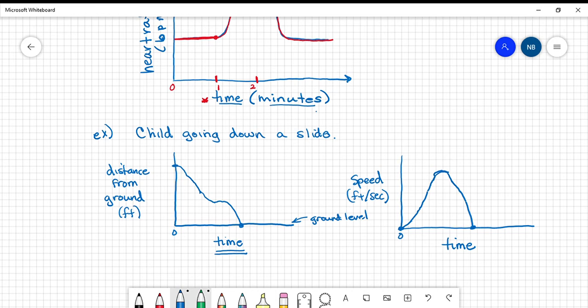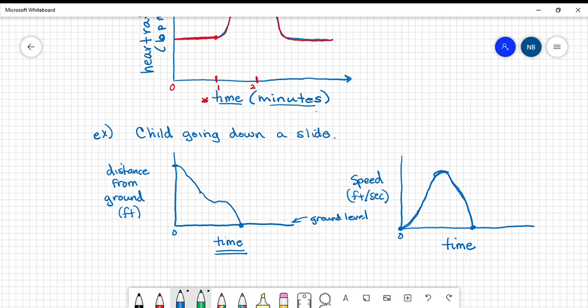Now realize that the distance from ground graph more likely represents the actual shape of the slide. The speed graph does not tell you the shape of the slide. It tells you that the speed increased and then decreased, and then the child hit the ground and they stop moving until, of course, they run around and do the slide all over again.